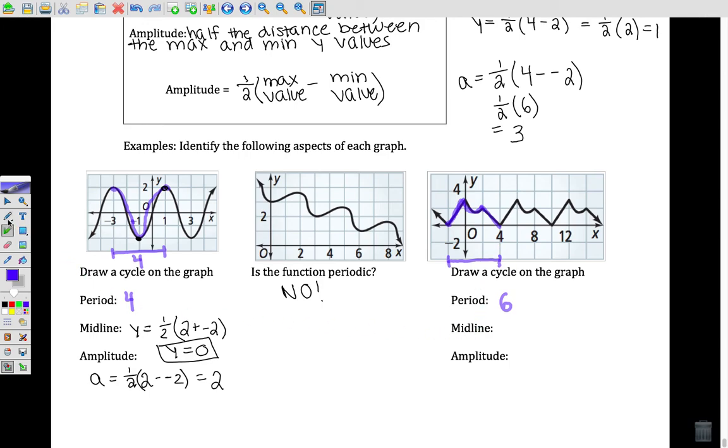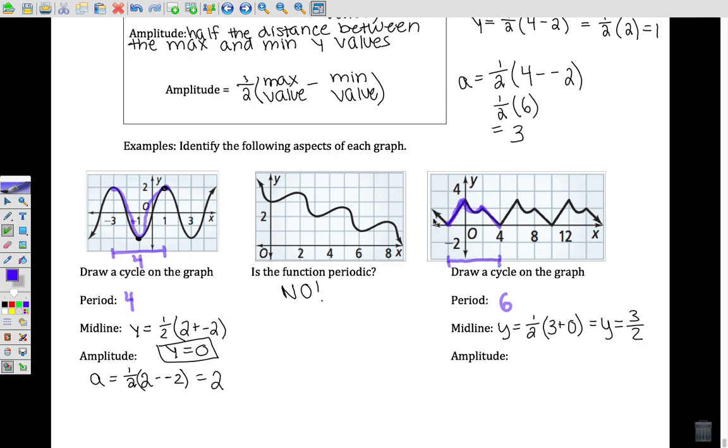Our midline is y equals 1/2 of the maximum value, which is 3, plus the minimum value, which is 0. Our midline is at y equals 3/2.